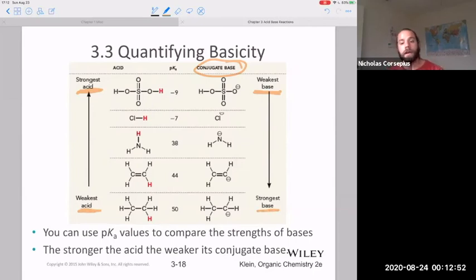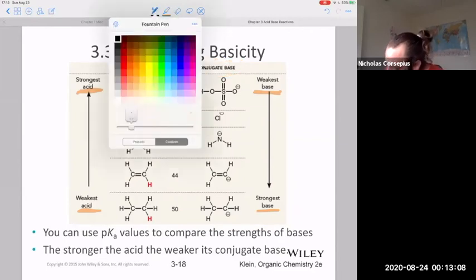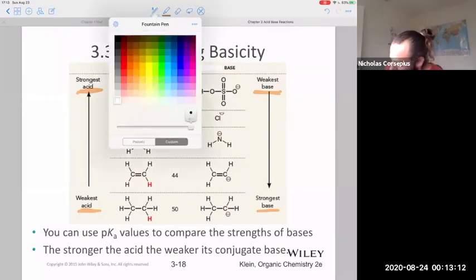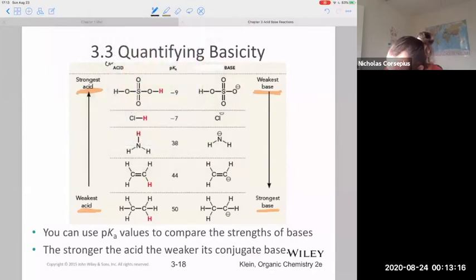So if we want to tell how strong of a base a compound is, we're going to look at the pKa of its conjugate acid, right? So if I'm going from acid, then that would be my conjugate base, but I can also go the other way and say, these are my bases, and then this column over here are the conjugate acids.